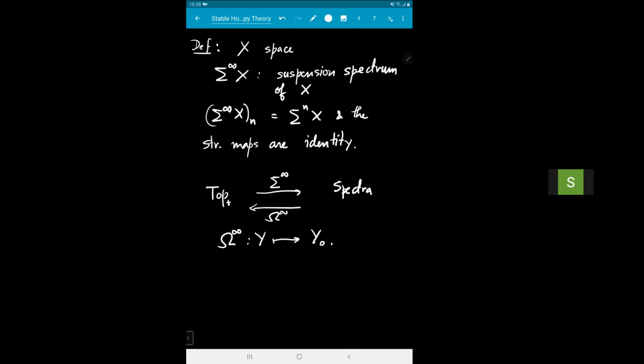So Σ^∞ is left adjoint to Ω^∞. All right, that is very easy to check.